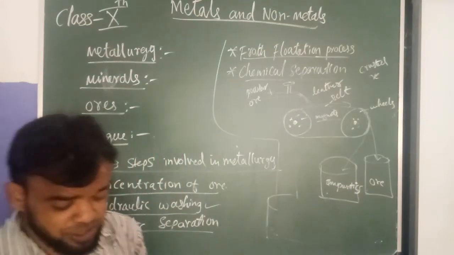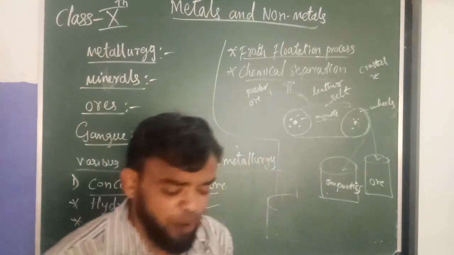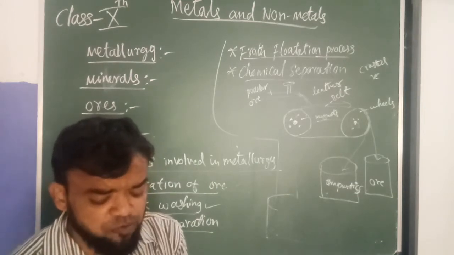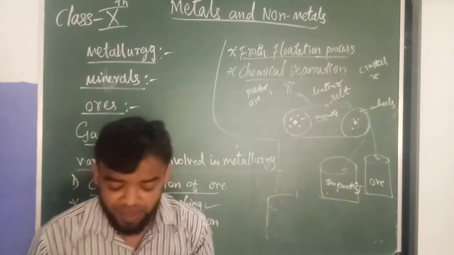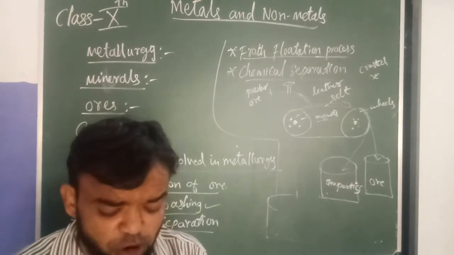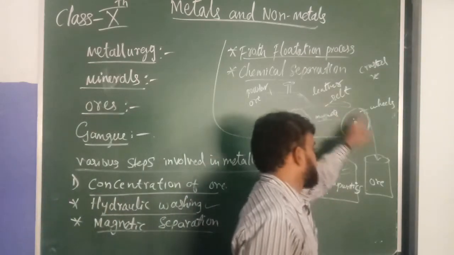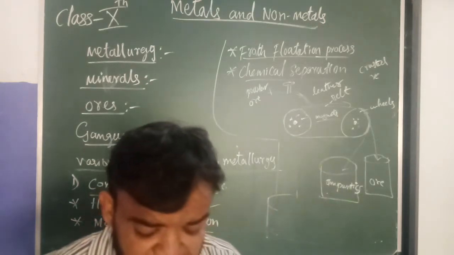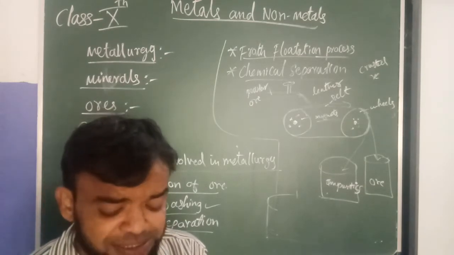Understood? These are ore. See, the apparatus is set as shown in the figure. The powdered ore containing impurities is poured on the slope with the help of a hopper. These are the two hoppers. As the leather belt revolves, the ore falls later, because it is attracted by the magnet, but impurities fall first.